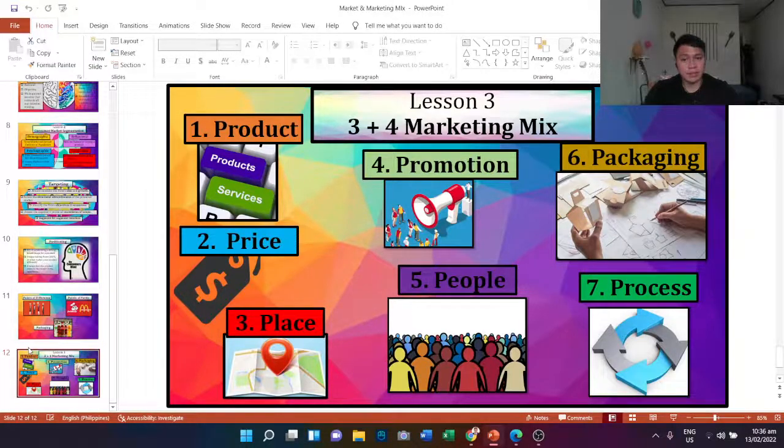If your product is really good, the best, your product will attract customers. So customers will have to come to your product, and there's minimal marketing effort in this one.